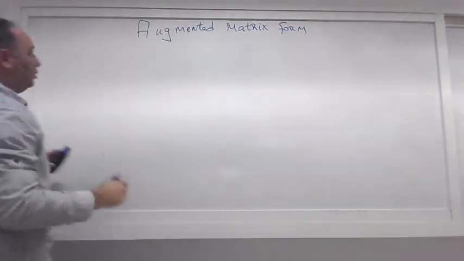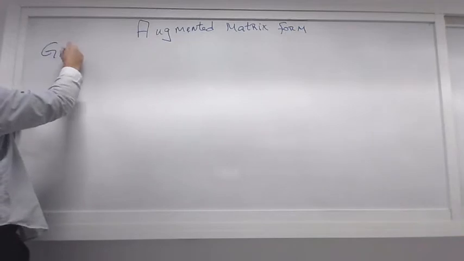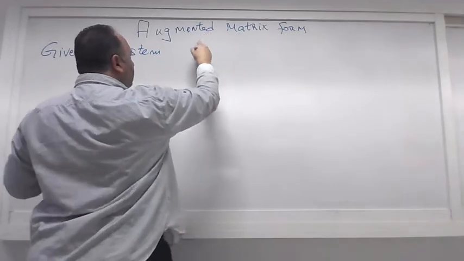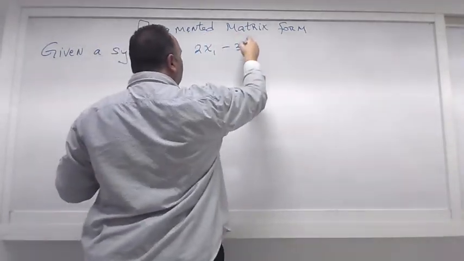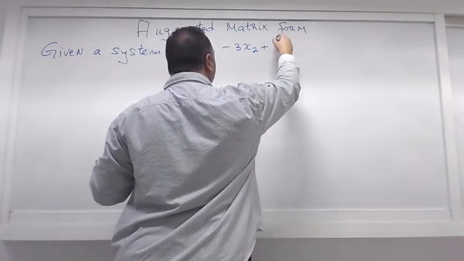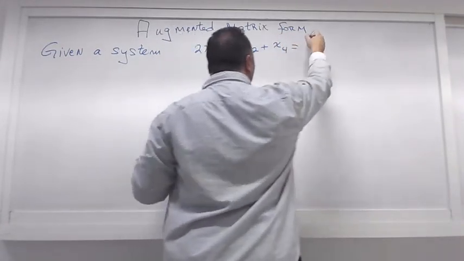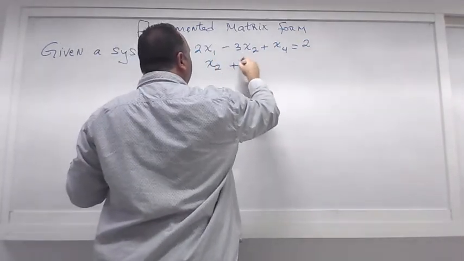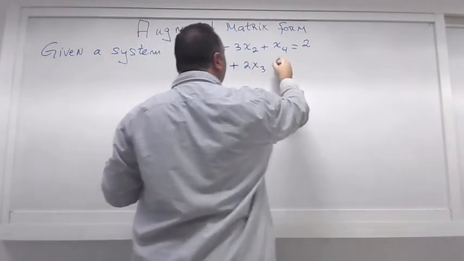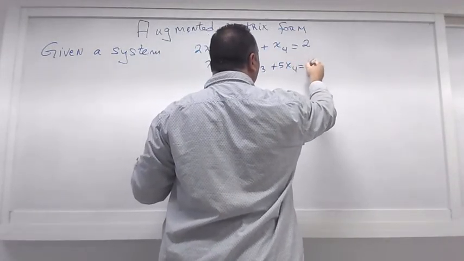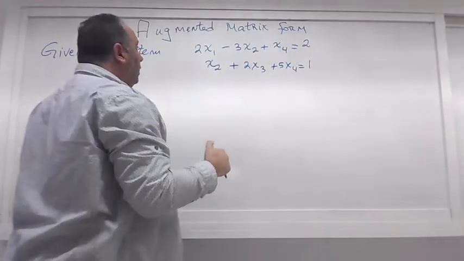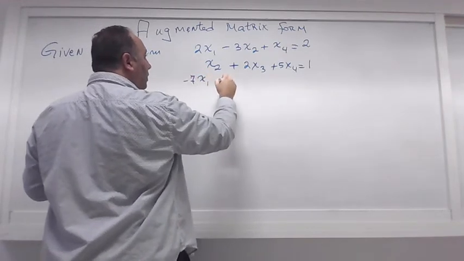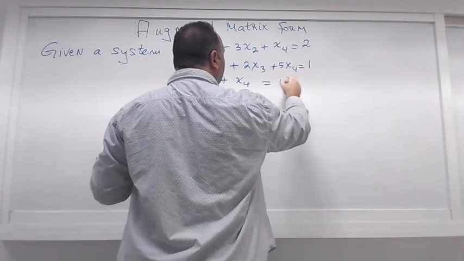So I'll start first with the system. So given a system, so now we just write some equations. So let's say 2x1 minus 3x2 plus x4 for fun equal to 2, and then let's say x2 plus 2x3 plus 5x4 equal to 1, and why not minus 7x1 plus x4 equal to 0.